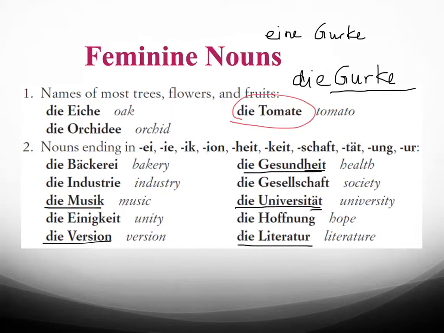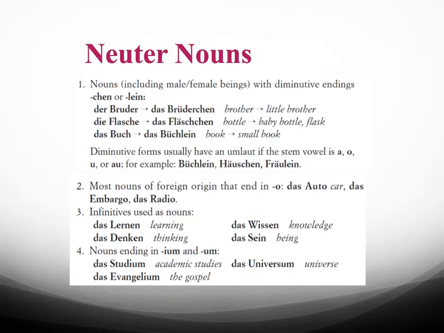That's the gist of what to know about feminine nouns, but we'll do more. Now I want to know that neuter nouns are most commonly, I'm going to circle 2 right away because of the foreign origin part of this. Most nouns in foreign origin that will end in an O, such as das Auto we had and das Radio. Those are going to be neuter nouns.